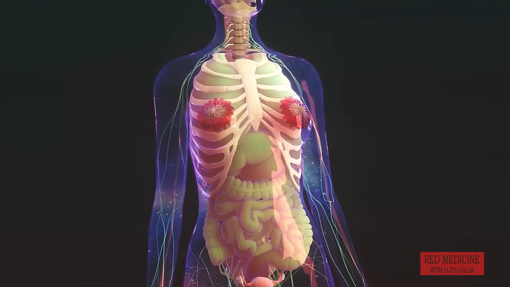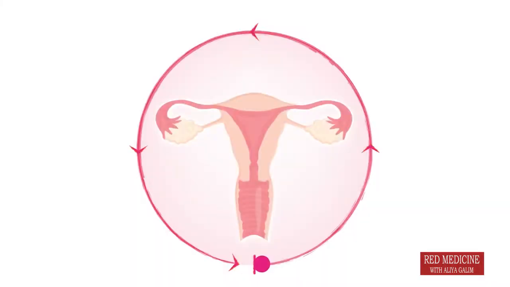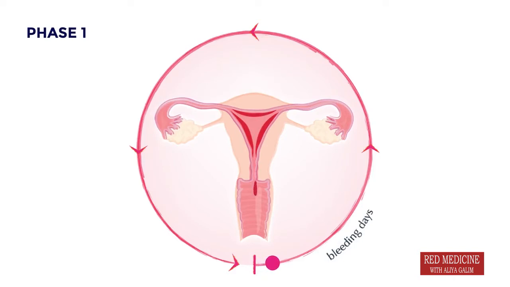Now let us refresh what we know about the cycle. A woman's cycle starts with the first day of bleeding. That's phase 1, when the uterus is shedding the endometrial layer after unsuccessful fertilization of the matured egg.